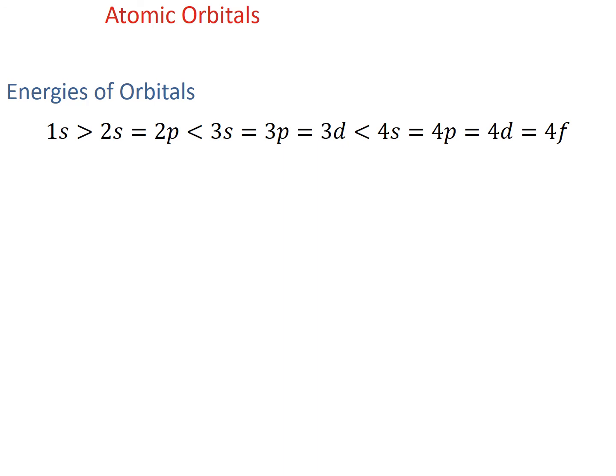The 2s and the 2p are at very similar energies to each other because they both have a principal quantum number of 2. And those are lower in energy than the 3s, the 3p, and the 3d. And those are lower in energy than 4s, 4p, 4d, and 4f, which we're saying are all in very similar energy levels. And you can see that as you go up in principal quantum number, you're accessing more subshell types. So there's no such thing as a 2d orbital, for example, or a 1d orbital.